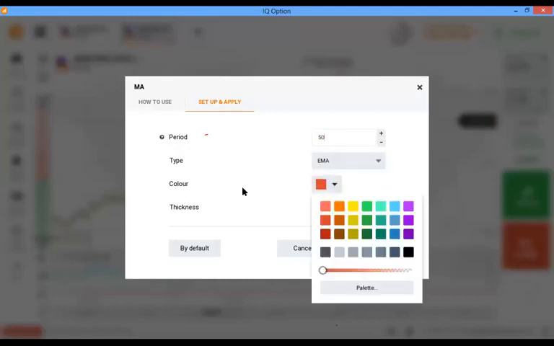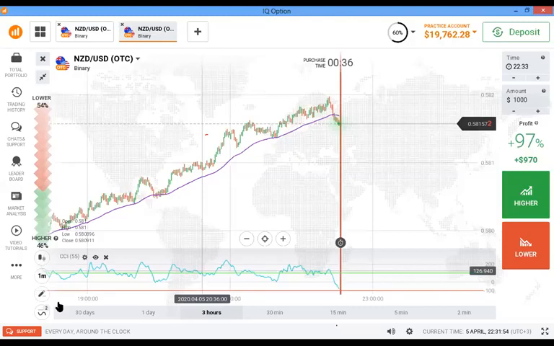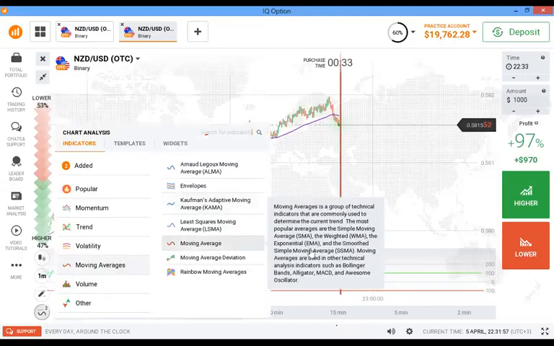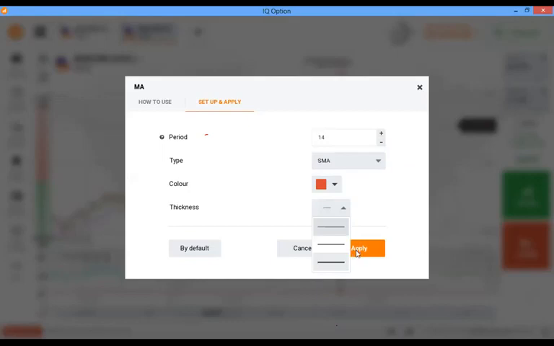If I'm using a red background or black background, I usually use white, but I can change it to any color I like. Let's say green. Or my favorite color, purple. That's my favorite color. So I apply it. Then I'll make it thicker. Most of the time I make it thicker. Then I apply it.